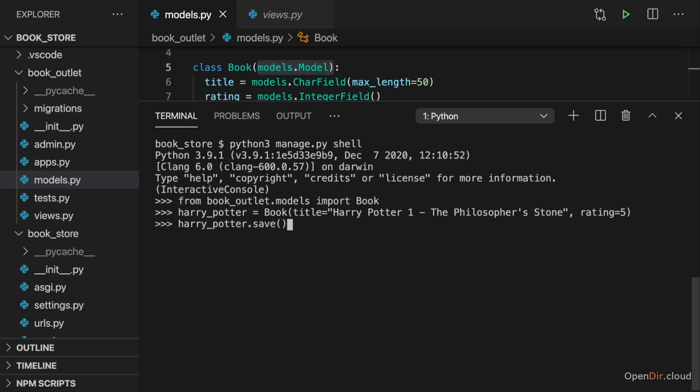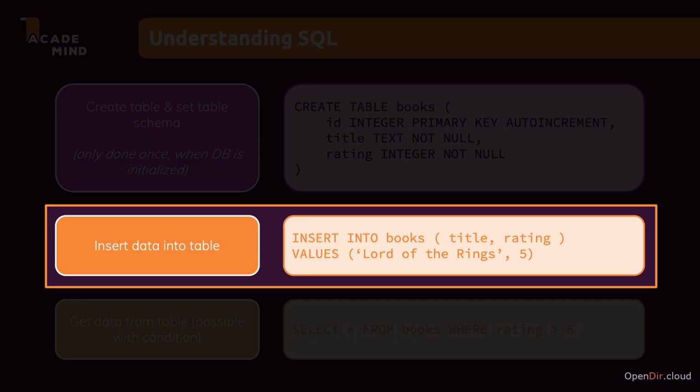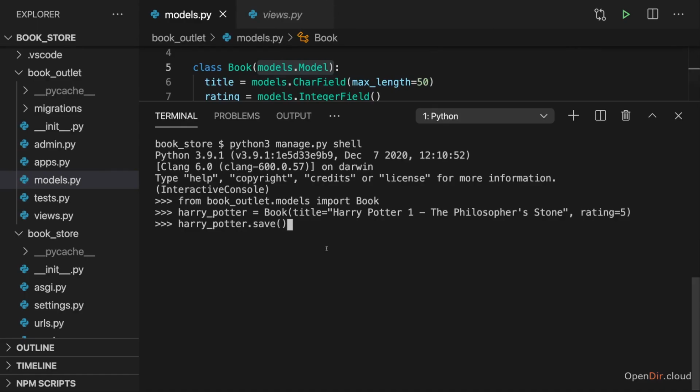And that of course means that now behind the scenes, once we execute this save method, Django will construct a SQL query which looks something like this, and it will execute it for us. So we never have to write that query, but Django will do it for us behind the scenes. So here I can now hit enter, and now this was saved to the database.